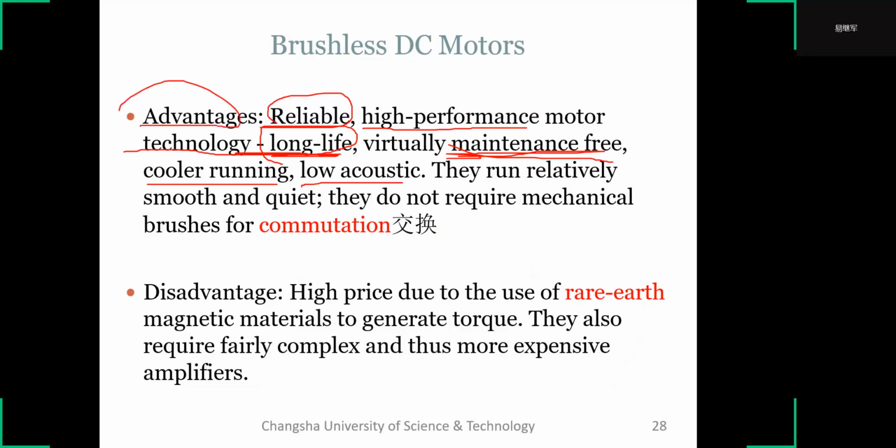The disadvantage is high price, due to the use of rare earth magnetic material to generate torque. They also require a fairly complex and thus more expensive amplifier.